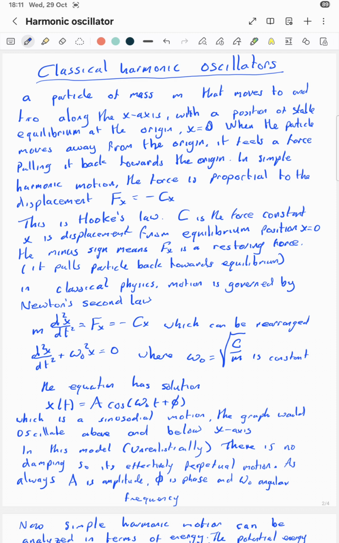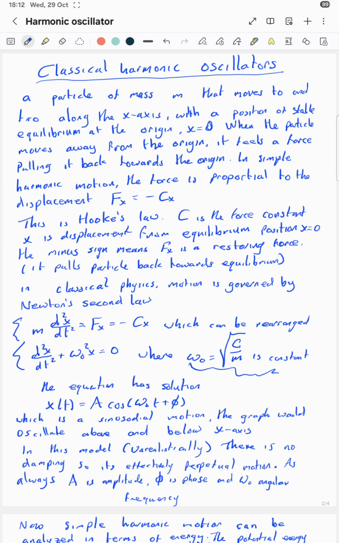In classical physics, motion is governed by Newton's second law, which I'm assuming everyone's familiar with, which is mass multiplied by acceleration. This can be rearranged to give this form here, where omega 0 is the square root of c over m, which is constant, the angular frequency.